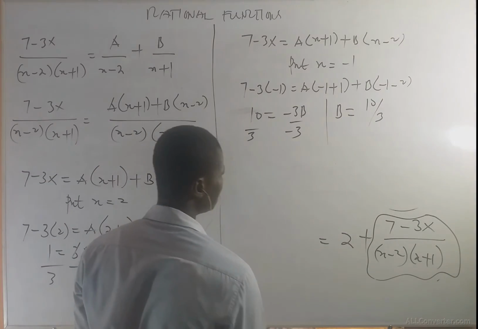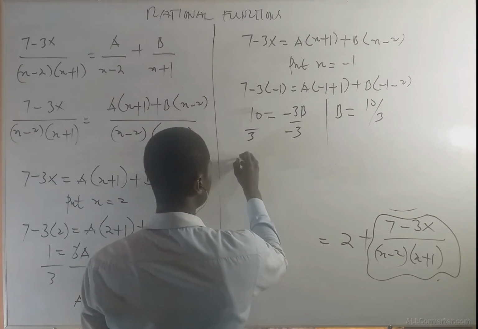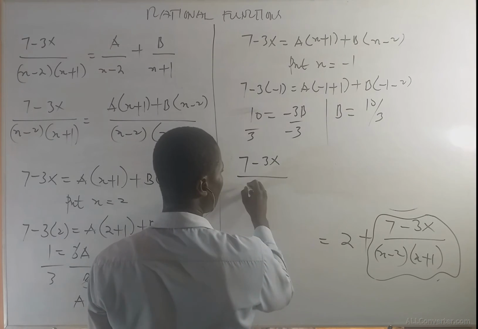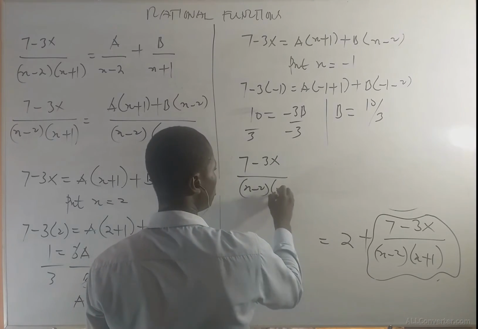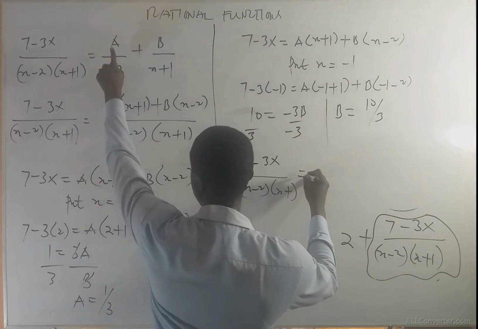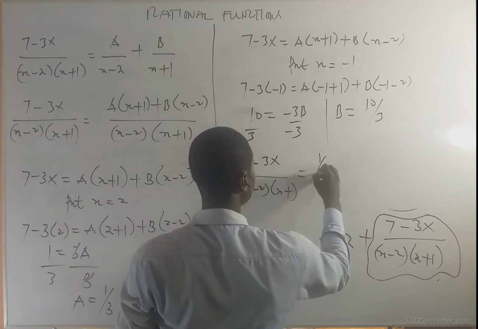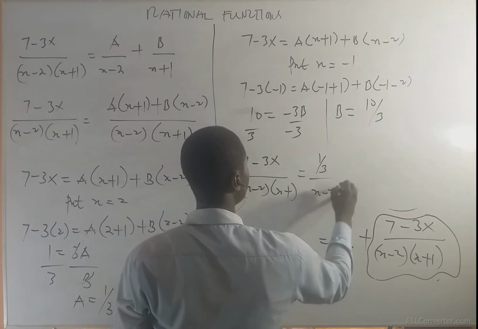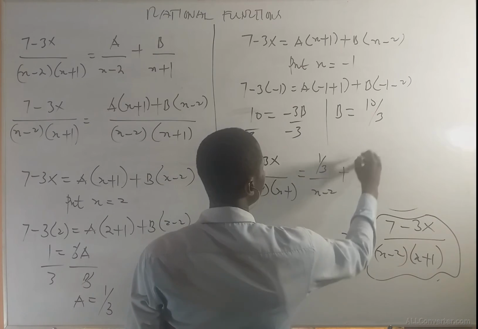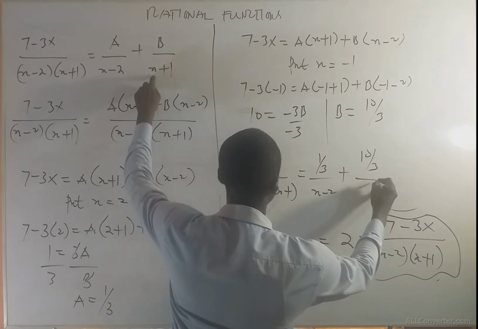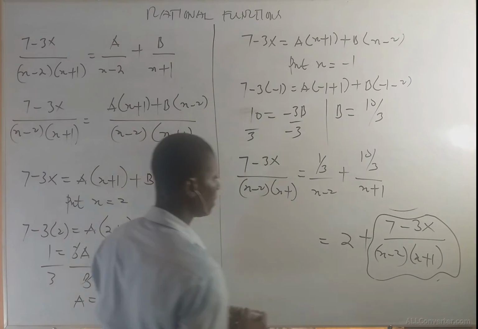And therefore, it means that 7 minus 3x over x minus 2, x plus 1 is equal to a, and a is 1 on 3, all by x minus 2, plus b, that is 10 on 3, all by x plus 1.